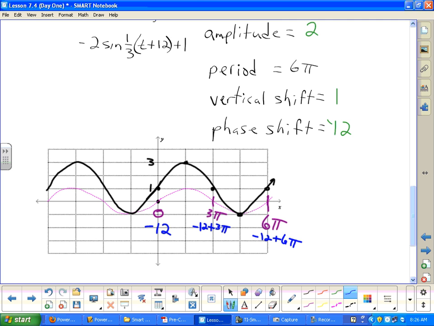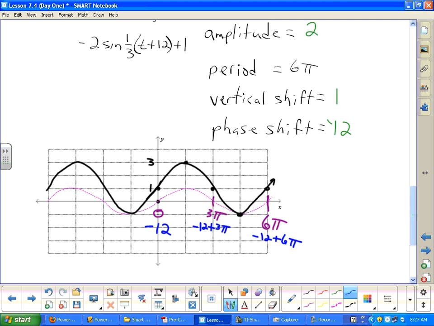Now let me ask you this. Where's 0 at? So the big question is, where is 0? I need to know where my vertical axis is. What's 3 pi equal to? What's the numerical value for 3 pi? Anybody know? Take your calculator and do it.